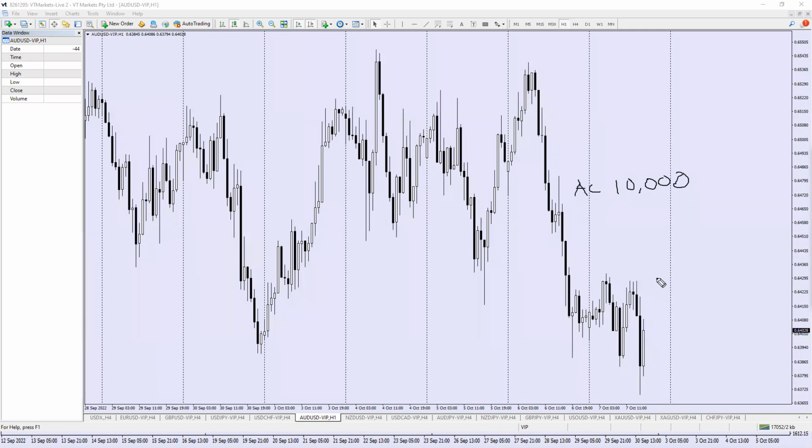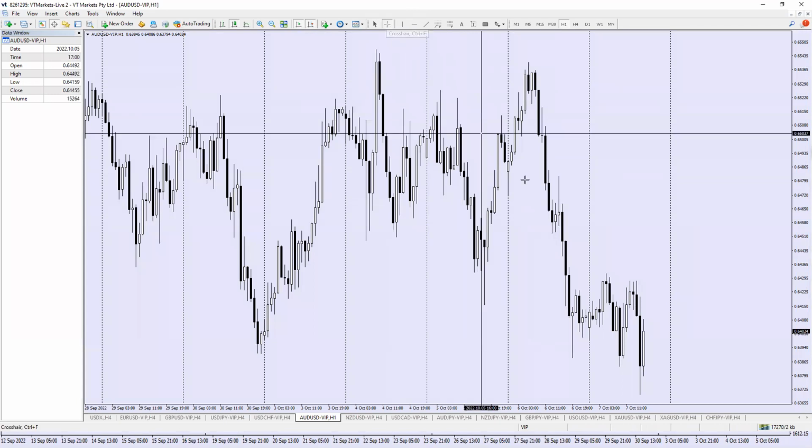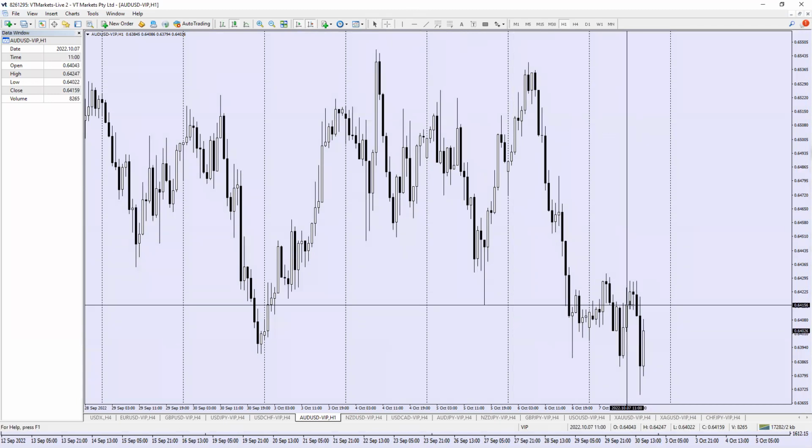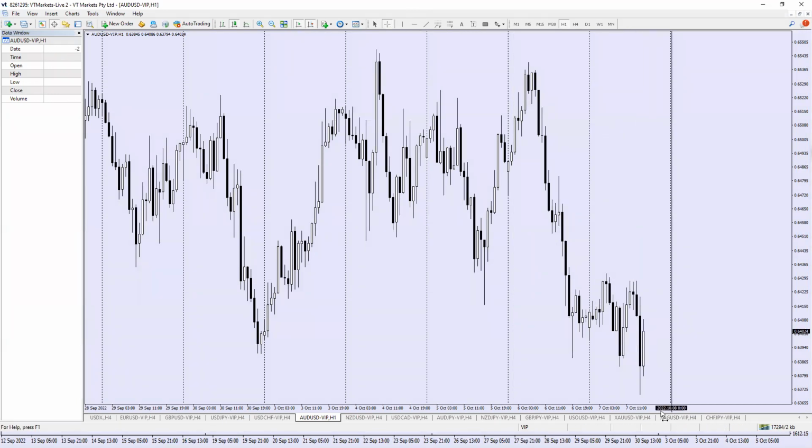Okay, now here, right over here. So what is the high, and then what is the low? What you can do is point this crosshair to this candle, and then you can look at this area over here.